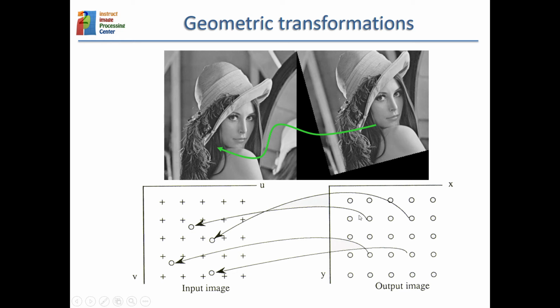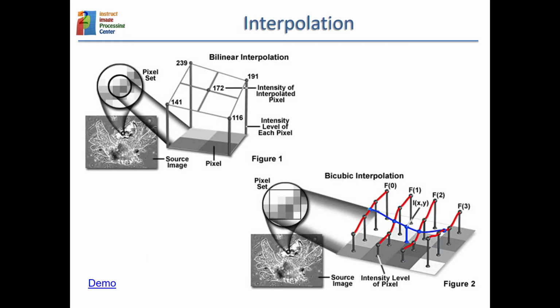So I want to copy this pixel here, but I don't have it. All I have are these 4 other values in the surroundings. So I will have to interpolate the value at the middle, and that interpolation can be done in many different ways. So here is a possibility.